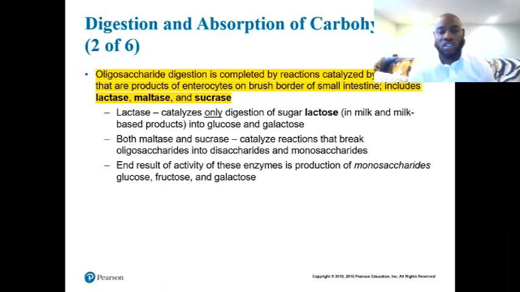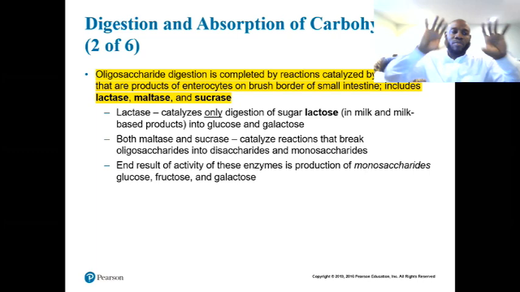It converts those into glucose and galactose. Maltase and sucrase catalyze reactions that break oligosaccharides into disaccharides and monosaccharides. So a disaccharide is two carbon chains, a monosaccharide is a single 5 or 6 carbon chain. The end result of all this activity is monosaccharides: glucose, fructose, and galactose.